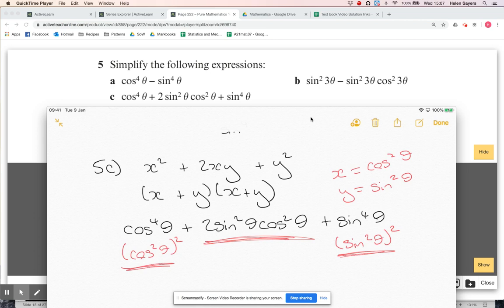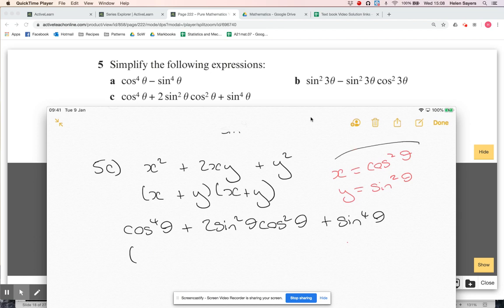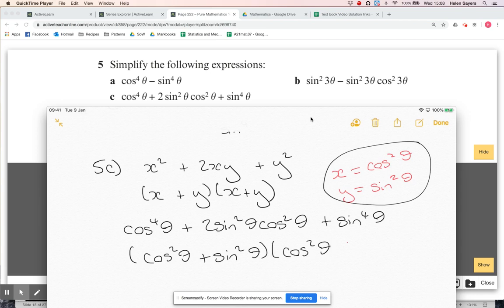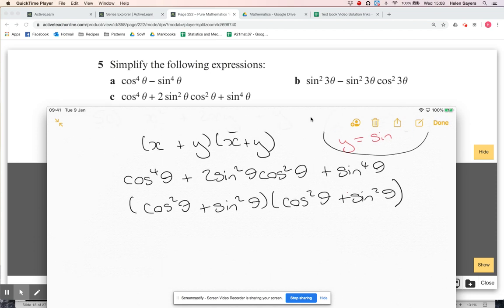So the benefit of all that means I can factorize this in exactly the same way. So this will factorize. So thinking about what we've said here, x is cos squared and y is sine squared, then we know from our identities that cos squared plus sine squared equals 1.